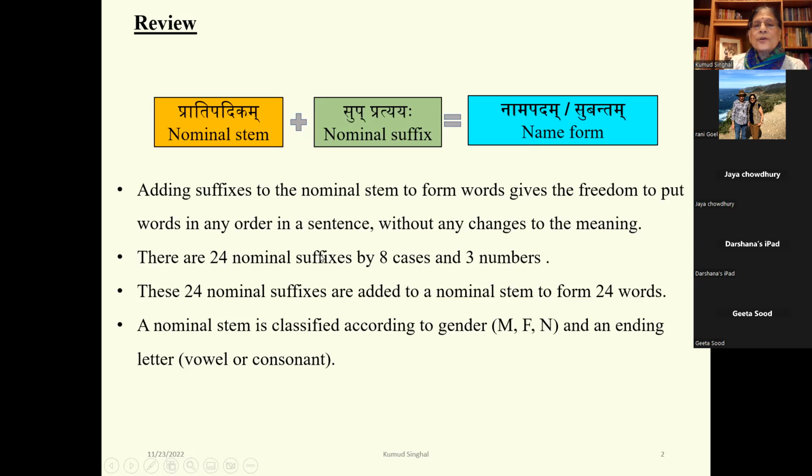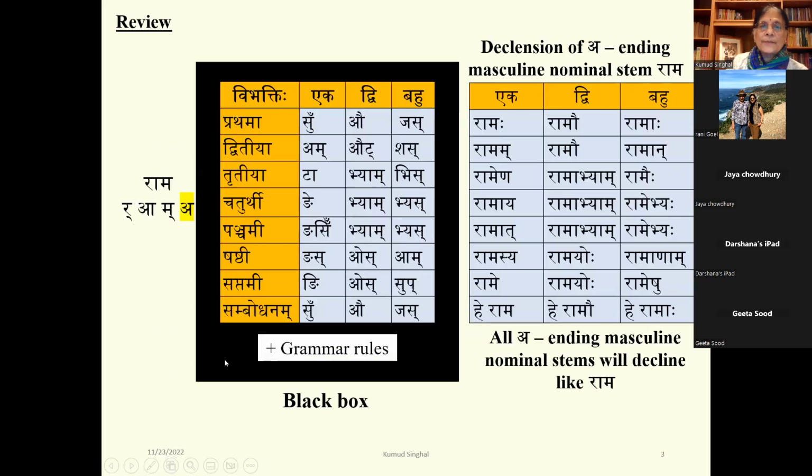There are 24 nominal suffixes, by 8 cases and 3 numbers. These 24 nominal suffixes are added to a nominal stem to form 24 words. A nominal stem is classified according to gender, masculine, feminine, or neuter, and an ending letter, which could be a vowel or a consonant.